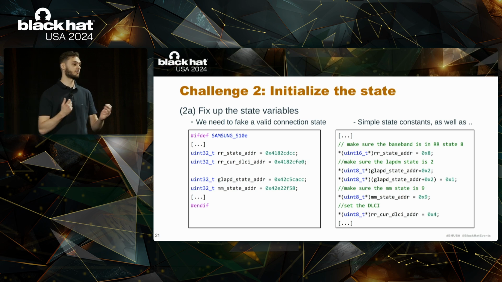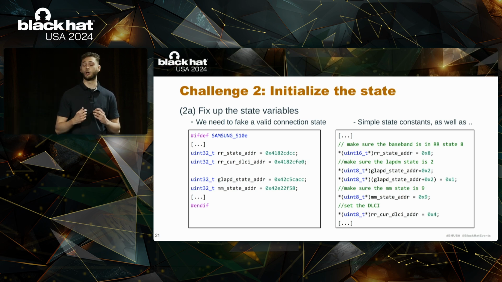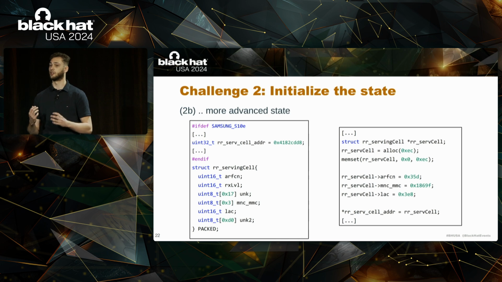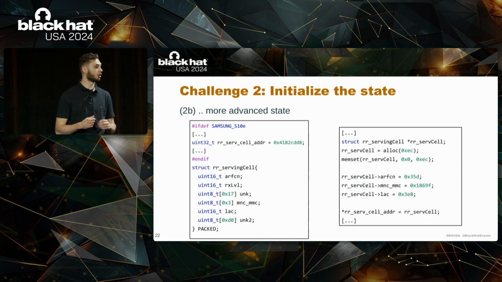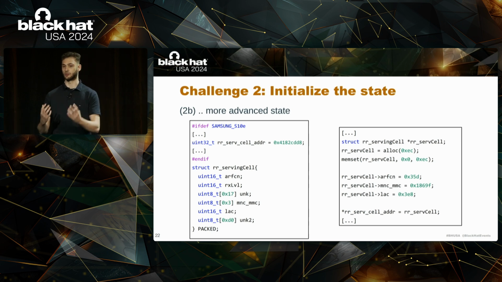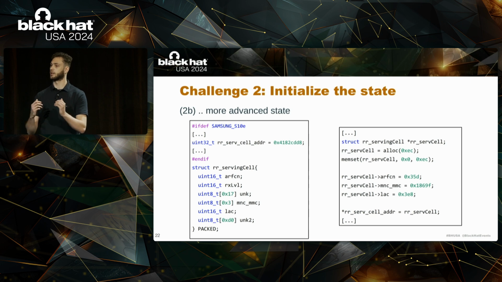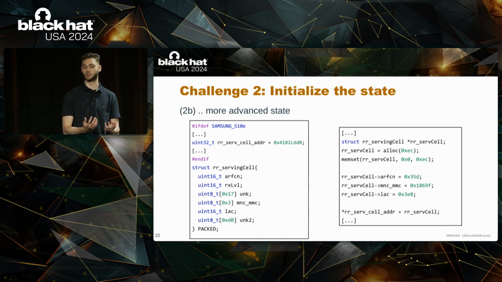So these are very simple constants, right? But we also need some more advanced state. An example of that would be a struct. In this case, on the left, there is an RR serving cell struct, and this typically contains information about the network. And you don't get this when the state is only right after boot, right? You have to really supply this to the baseband itself.